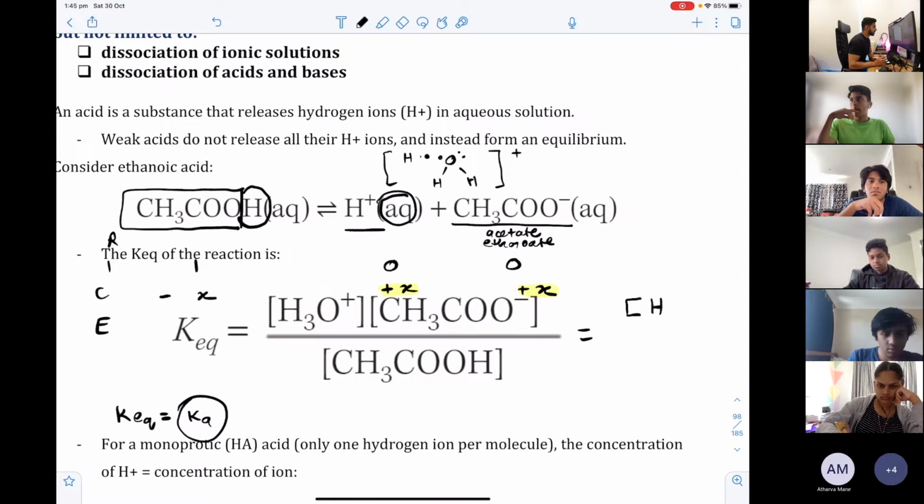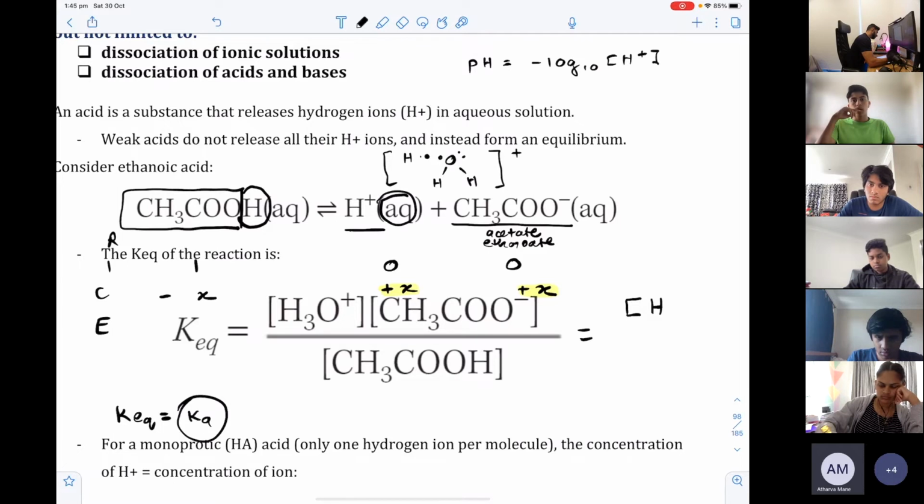So let me ask Athava, what is the formula that you might remember for pH? I'm not really sure. It's like, I think the log of the hydrogen ions, or 1 over hydrogen ions. I would say it's the negative log of the concentration in moles per liter of hydrogen ions. Very good.